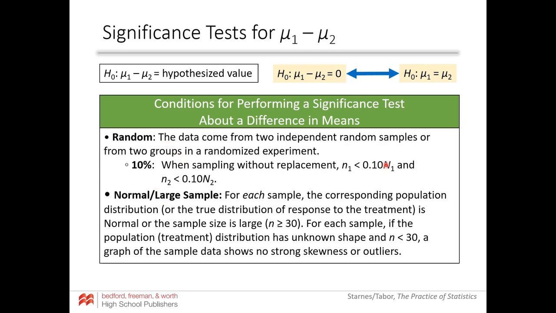Does the 10% condition hold for both sample sizes and populations? And then normal, large sample. Remember, we have three different ways of checking this one now when we're talking about means. Either for each sample, the population distribution is normal, or each sample size is greater than 30, or if it's less than 30, then we draw a graph and we see if there's any strong skewedness or outliers.